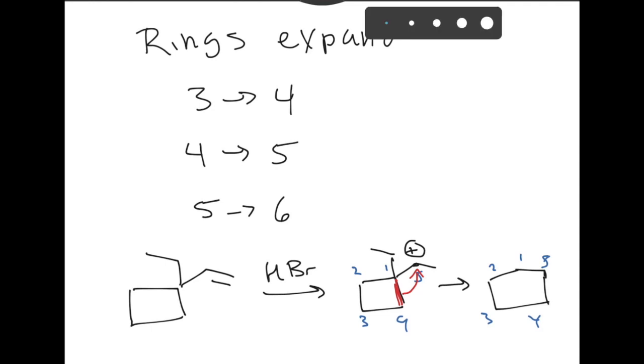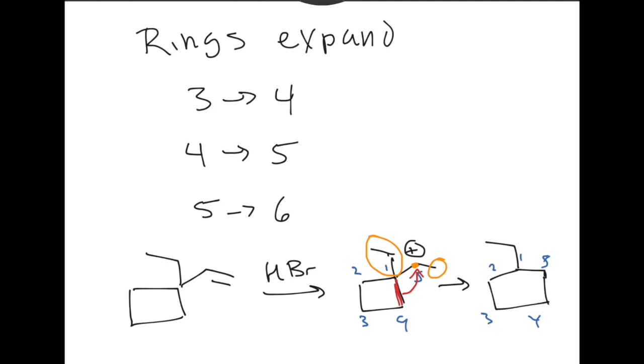On carbon 1 in my starting material, I had an ethyl group, right? Nothing happened to that ethyl group, so it still needs to be on carbon 1. Carbon 5 had a methyl group on it, so I still need to have that methyl group.